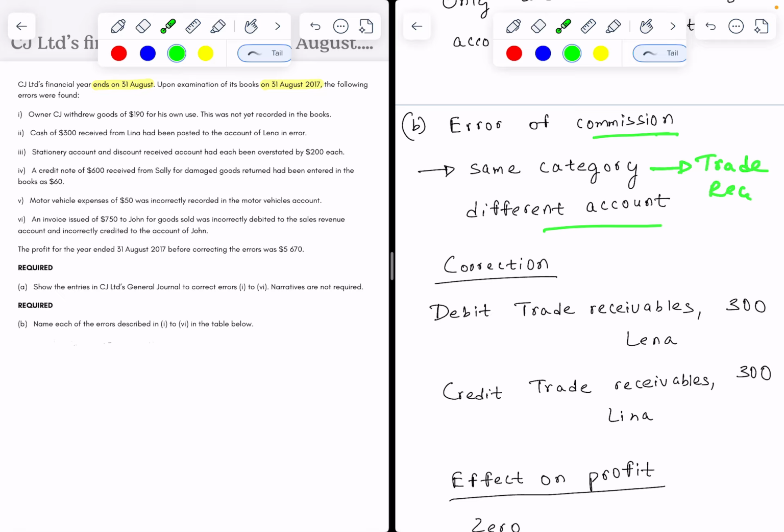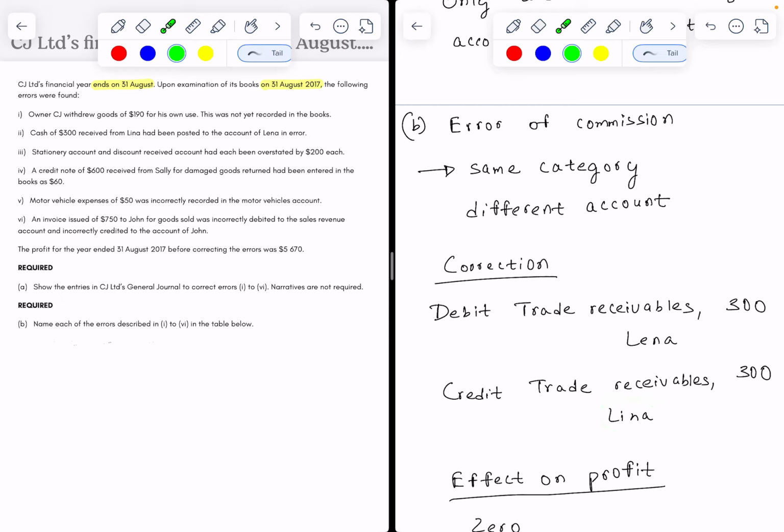So therefore, we would be debiting trade receivables, specifically the account of Lena, by $300, and simultaneously, we would credit the account of Lena by $300 because obviously Lena is the customer who had paid us, and therefore Lena's balance should be reflecting that. So what's happening here is that one asset account, which is the account for Lena, is going up, and simultaneously another asset account, which is the account for Lena, is going down.